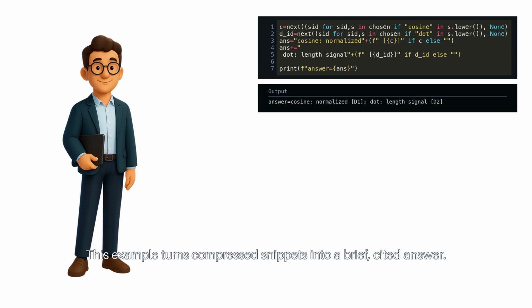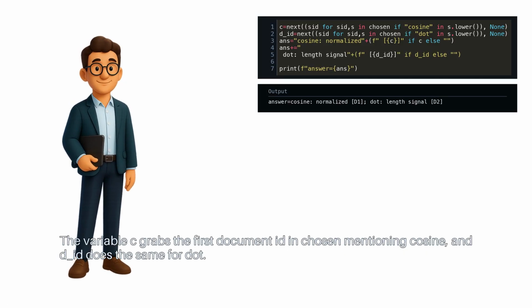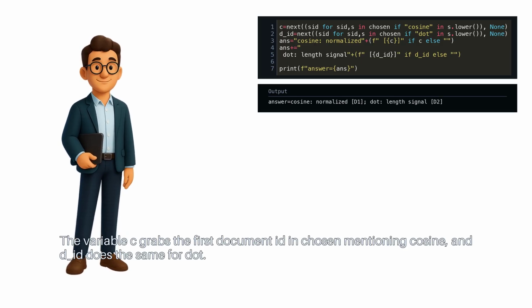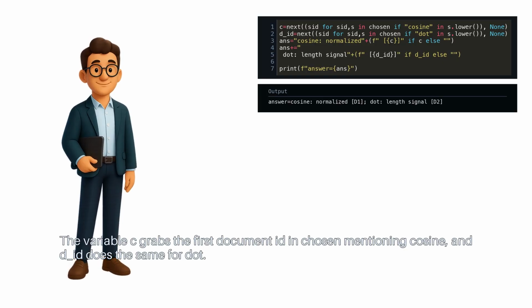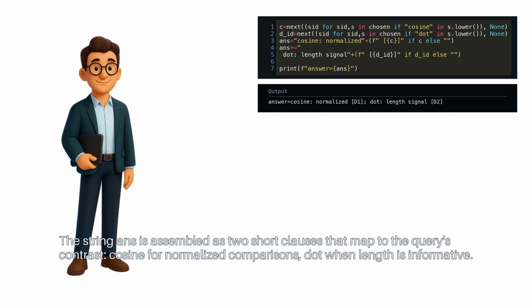This example turns compressed snippets into a brief, cited answer. The variable C grabs the first document ID in chosen, mentioning cosine, and DID does the same for dot. The string ands is assembled as two short clauses that map to the query's contrast: cosine for normalized comparisons, dot when length is informative.